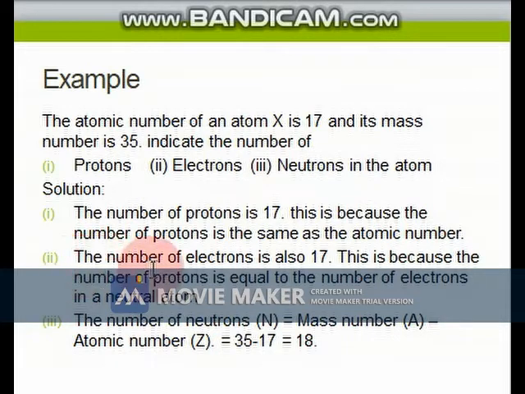The number of electrons is also 17. This is because the number of protons is always equal to the number of electrons in a neutral atom. And then the last, which is the number of neutrons in the atom. Now the number of neutrons is always equal to the mass number minus the atomic number. So here we have 35 minus 17, giving us 18 as the number of neutrons.